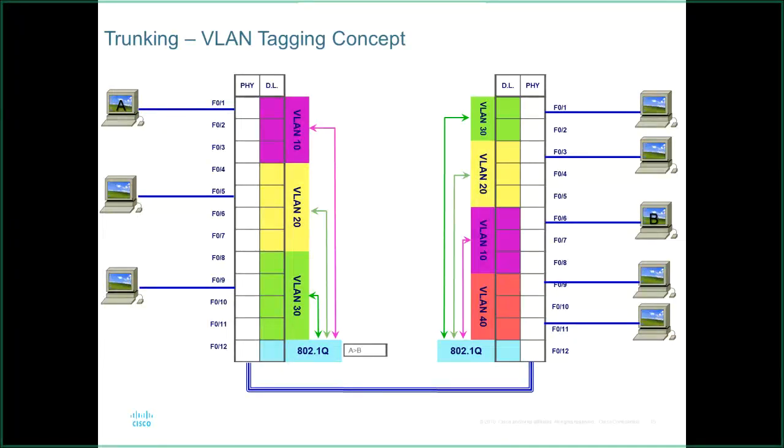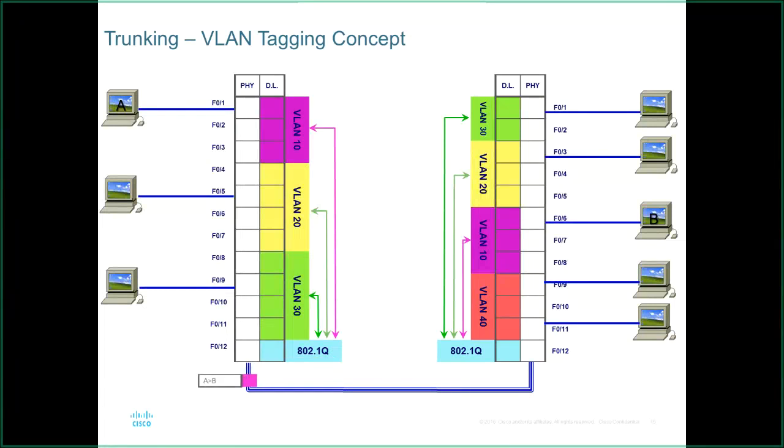So the trunking protocol goes, you're a member of VLAN 10, I better add a tag to you. In this, we're color coding, but as you saw, it's actually the VLAN ID and all that other guff that gets added in there.